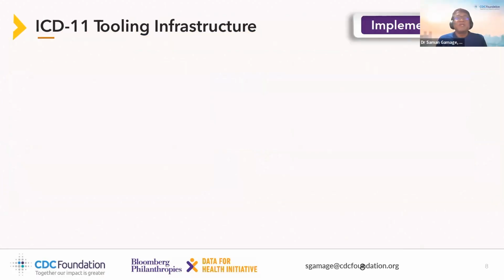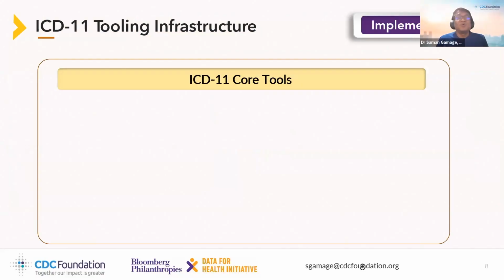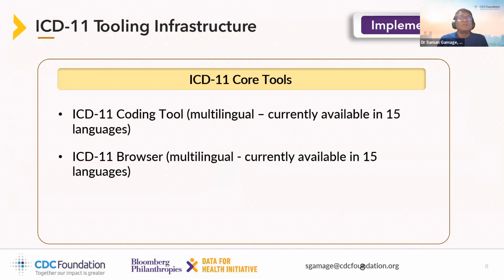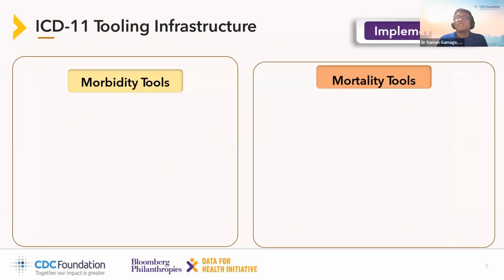For implementation, there are ICD-11 core tools: the ICD-11 coding tool, a multilingual tool currently available in 15 languages; and the ICD-11 Browser, again multilingual and currently available in 15 languages. Then there are mapping tables for mapping ICD-10 codes to ICD-11 and vice versa. For implementation, there are other tools for morbidity and mortality.